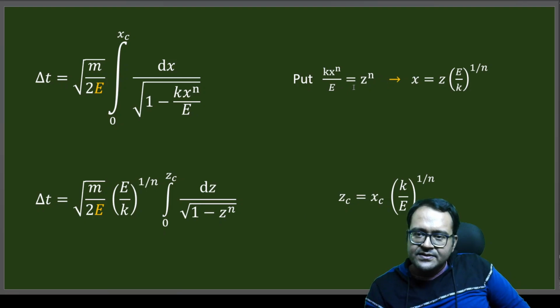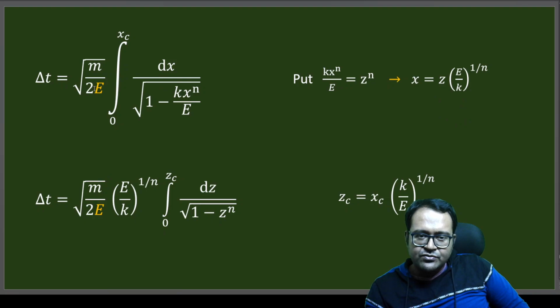So that x is z multiplied by e into k to the power 1 by n. X is linearly dependent on z, but with this constant. E is a constant, k is also a constant; these are not variables. So if we put this value of x here, dx will be dz into e by k to the power 1 by n.